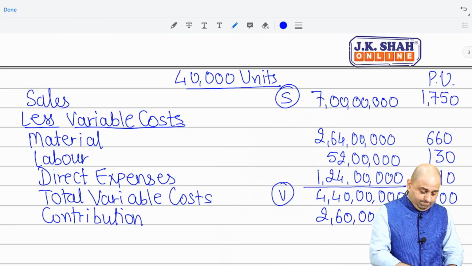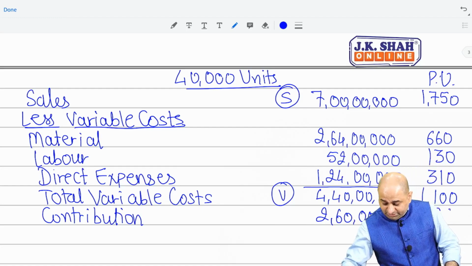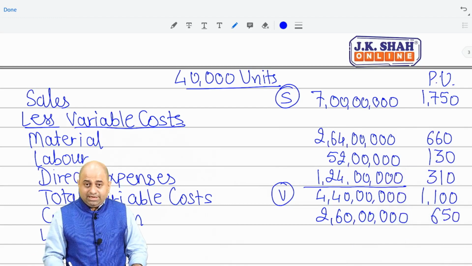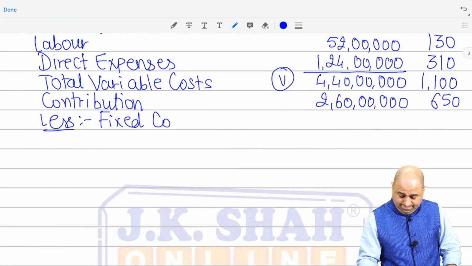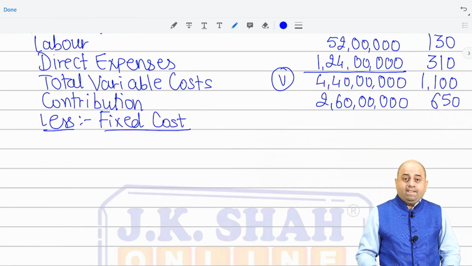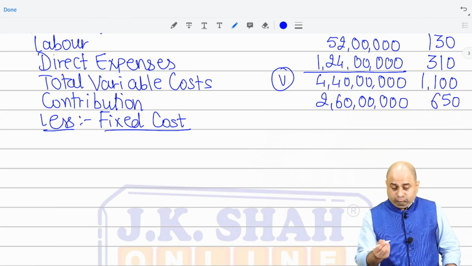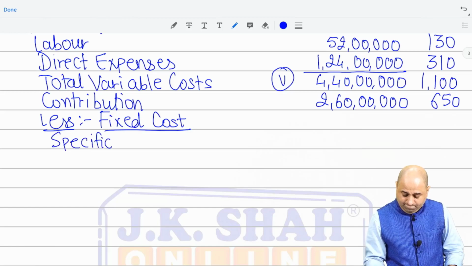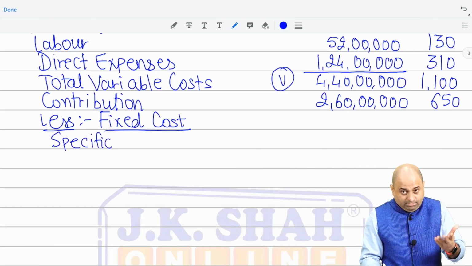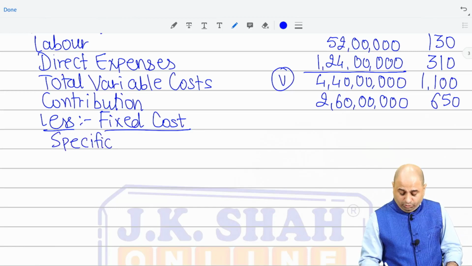Again, per unit figure is what I want, 650. Naturally less, I will say, fixed cost. Now in fixed cost, I am given two. One is specific and second is allocated. Certainly, I'm sure you know, we need not calculate per unit figure of fixed cost.